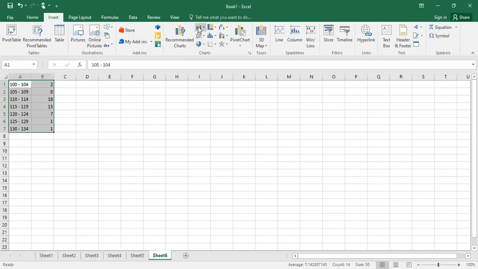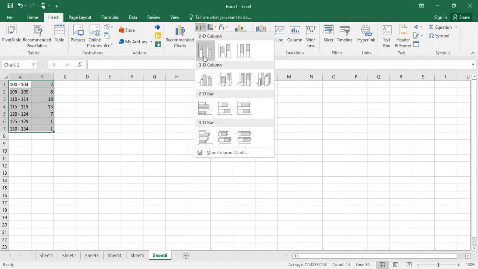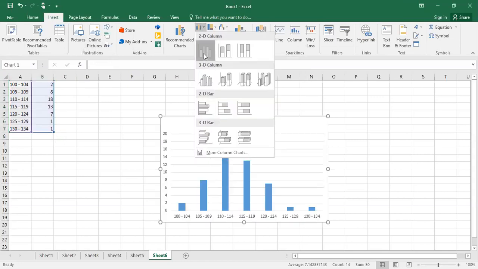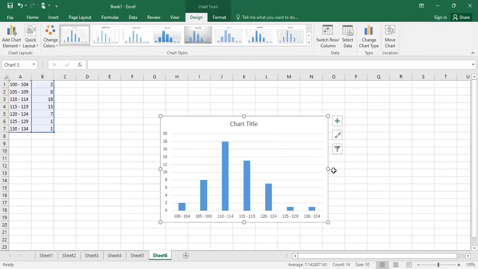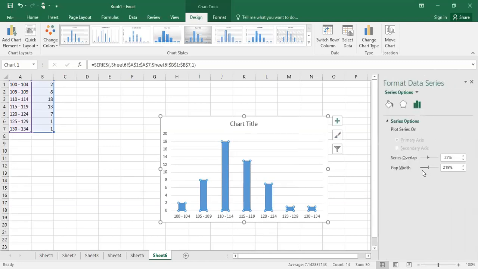Insert, and I will choose a histogram, which is a bar graph. So this is a bar graph that represents the data that we have. We can decide to reduce the gap between the bars by changing the format here.